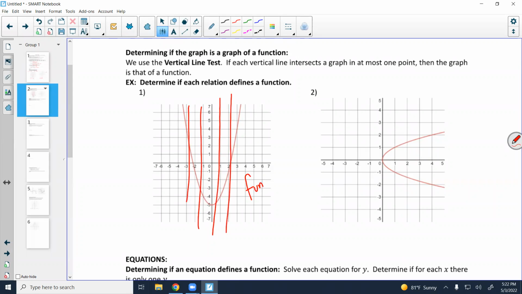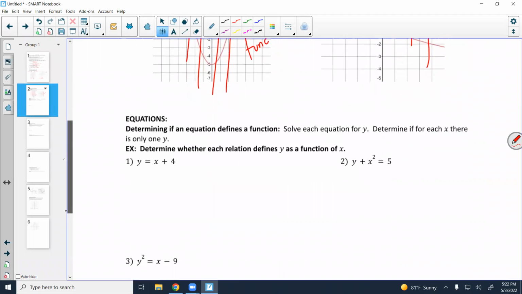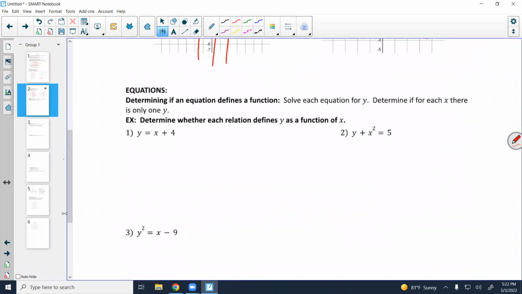This is a function. However, this would not be a function. Now, if you have a graph, you can look at it and tell, typically. Determine if an equation defines a function.